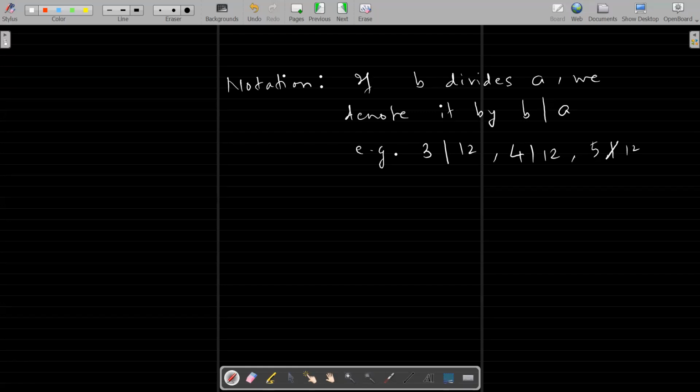Every number may not divide every number, and what best we can do is called the division algorithm. So I'll explain with the help of an example.